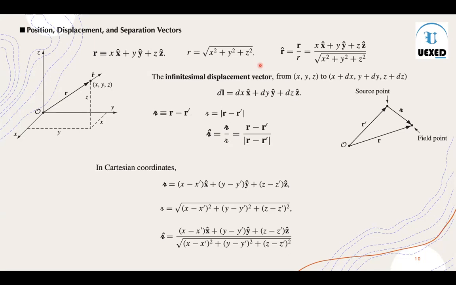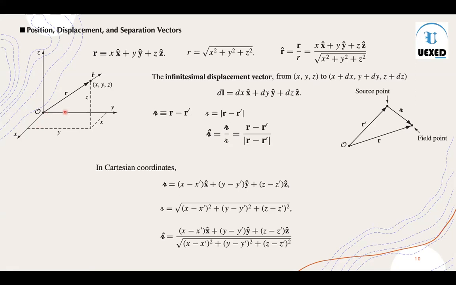If I just use r vector, that means this defines something like this. Similarly, for this position vector, you can see in the direction of r vector there is a unit vector called r cap. Because if you take only one-dimensional structure like the x-axis, you can say that in this direction you have a unit vector x cap.